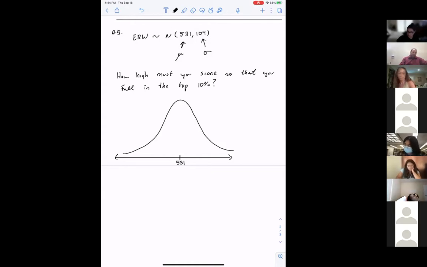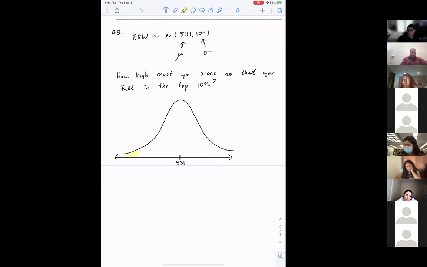And if I asked you to shade the top 10%, I'm not Sean Connery, so it's not percent, it's percent. If I asked you to shade the top 10%, where would I shade? Somewhere on the left.